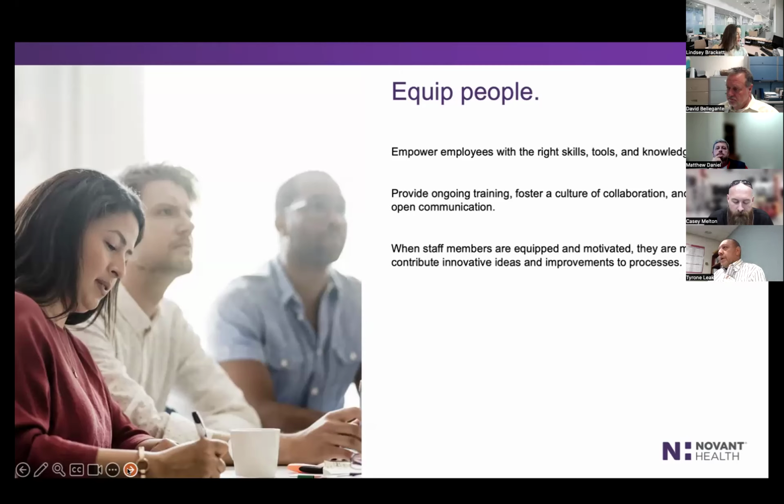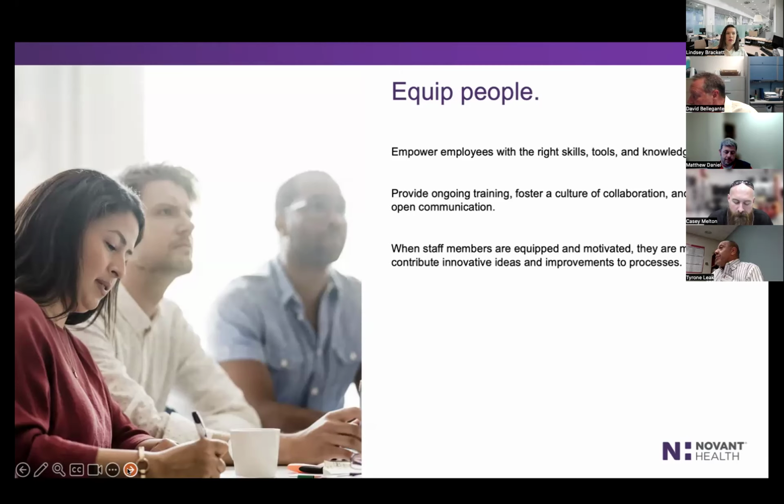Okay, equip people. We talked a lot about this in our process review, the PO, but we want to make sure that we're engaging the right people, our team members, our customers. Empowering employees with the right skills, tools, and knowledge is very important as we go through the exercise.